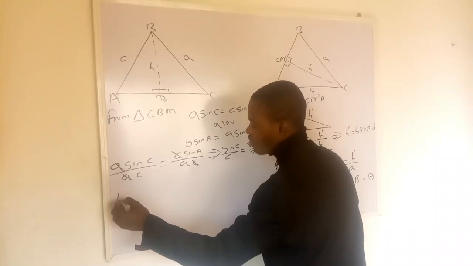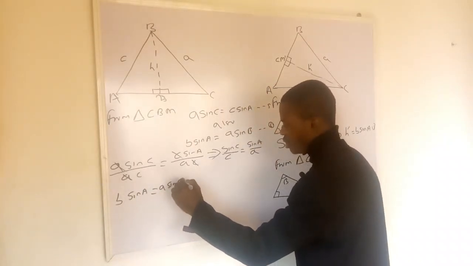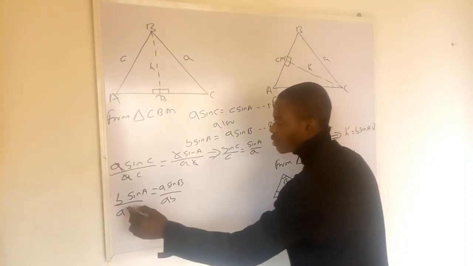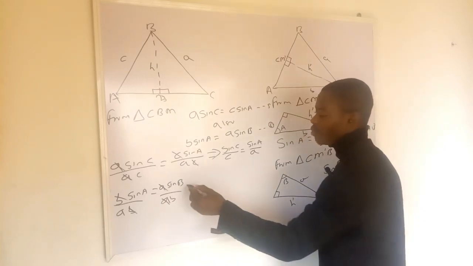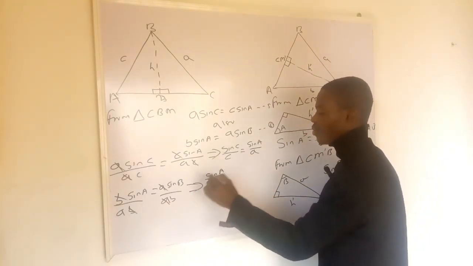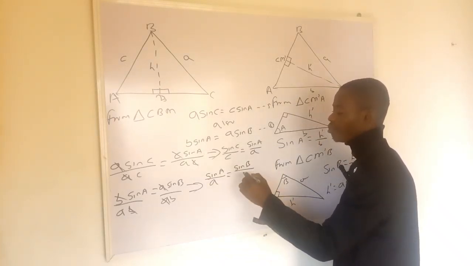In equation 6, we have B sine A equals A sine B. So we are dividing both by AB, side AB. Now B reduces, A reduces, and it implies that sine A over A is equal to sine B over B.